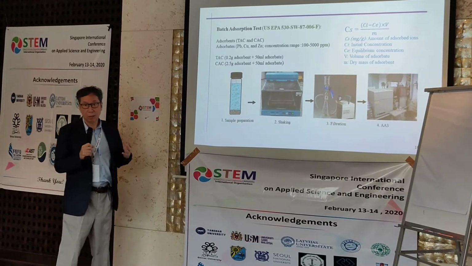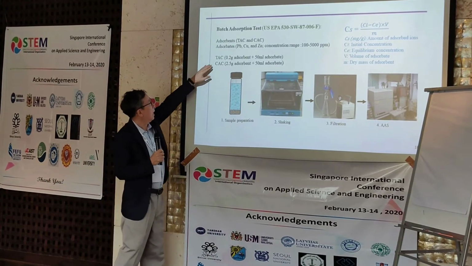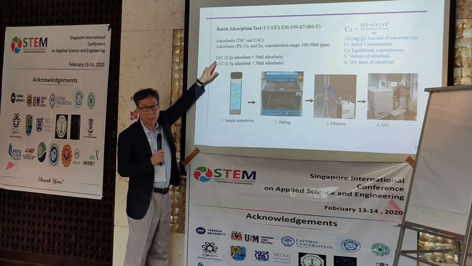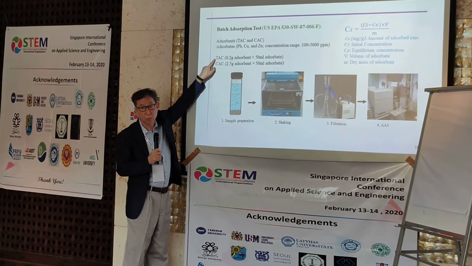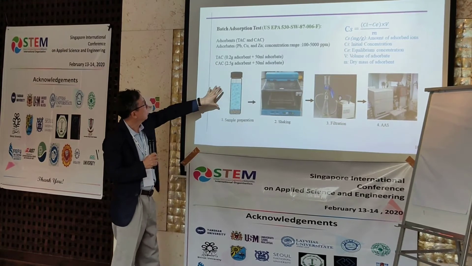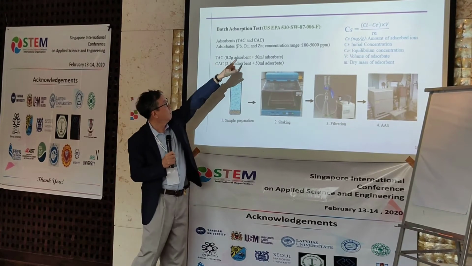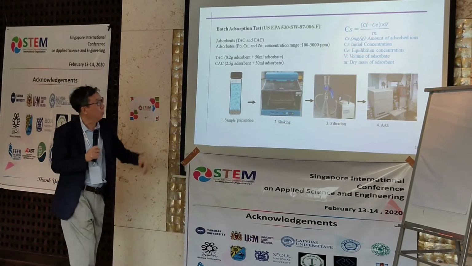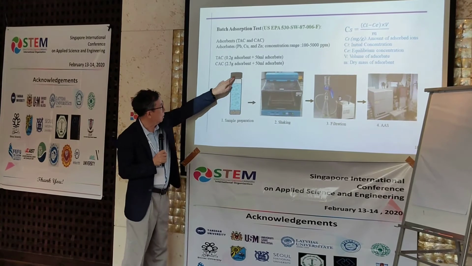After making the TAC materials, I compare their capacity for heavy metal absorption with commercial activated carbon. Which one is better? This is the general process. I adapt the batch absorption test based on US EPA methodologies, in a small vial.